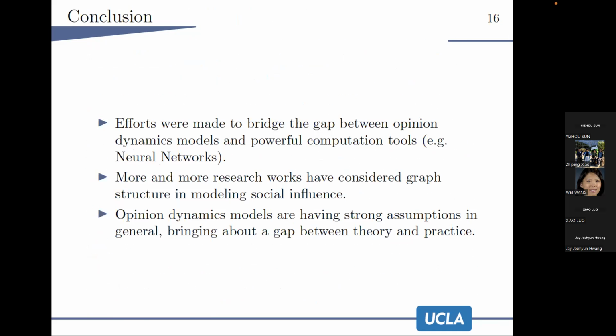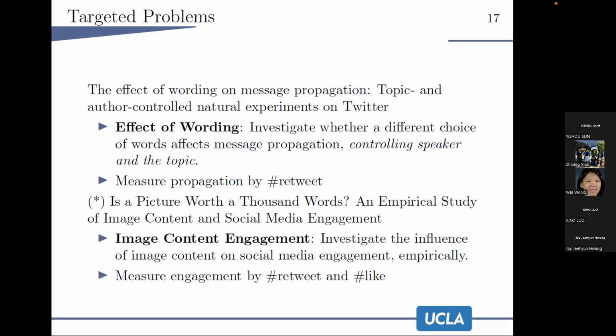Okay. So another line of work starts from observed real world data from online communities to try to find something from there. And one that I think is somewhat popular is called The Effect of Wording on Message Propagation: Topic- and Author-Controlled Natural Experiments on Twitter, which I would maybe later refer to as effect of wording.